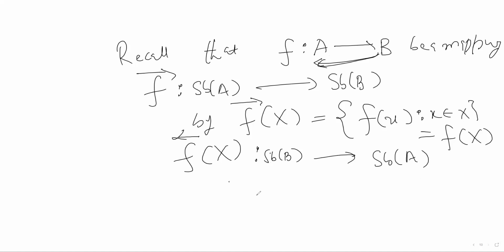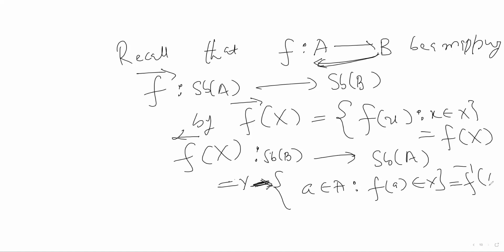So Y goes to its pre-image: the a in A such that f of a is in Y. So in other words, this is its pre-image. Okay, and we have seen certain properties of these maps.